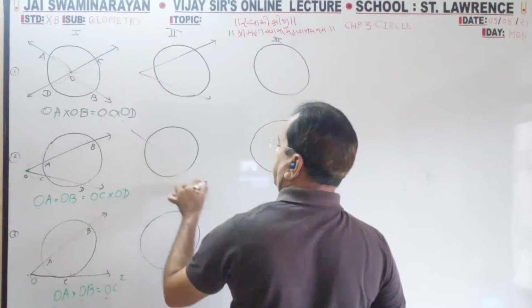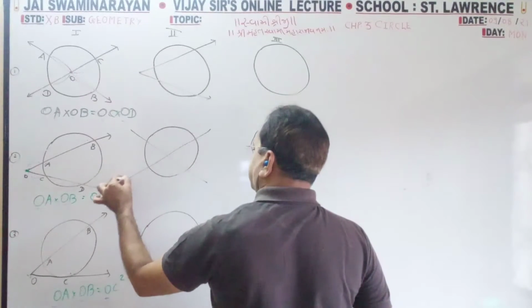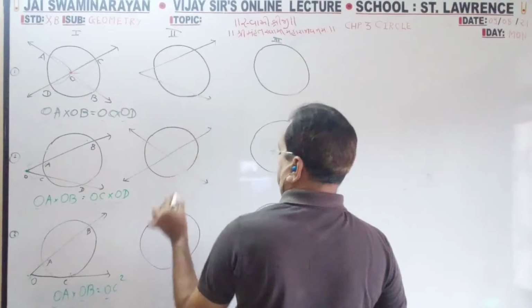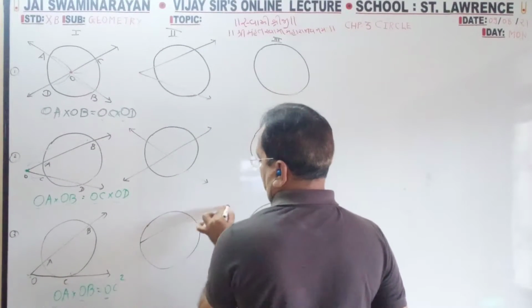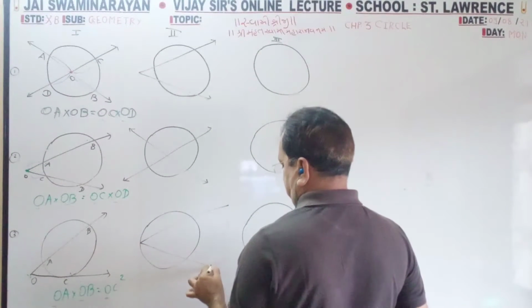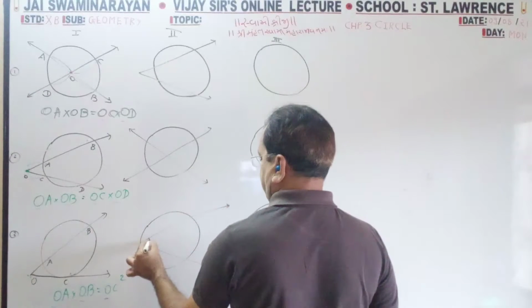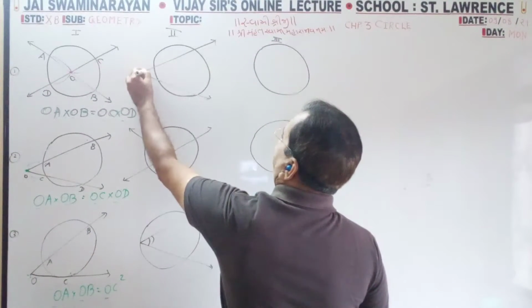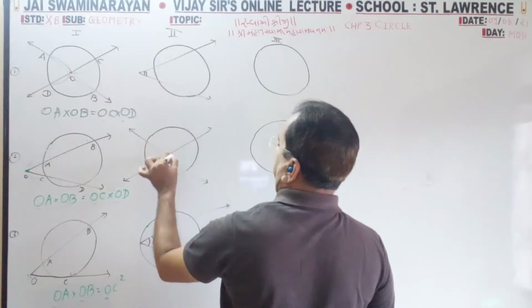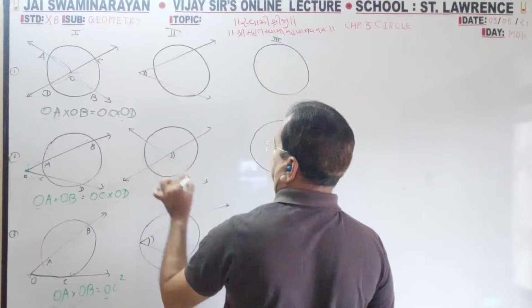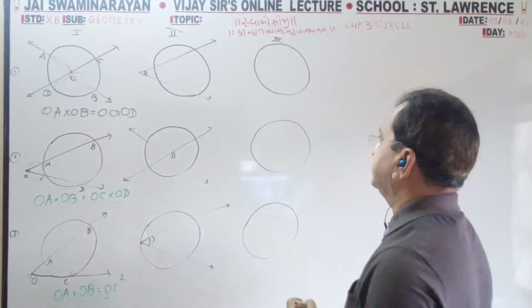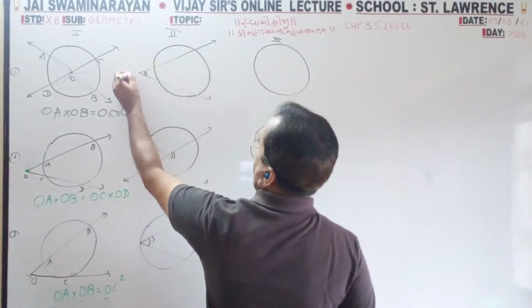Two lines intersecting inside. Two lines intersecting on the circle. Angle formed on the circle. Angle formed outside the circle. Angle formed inside the circle. Correct?